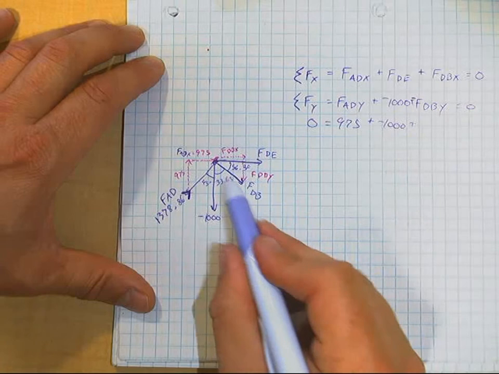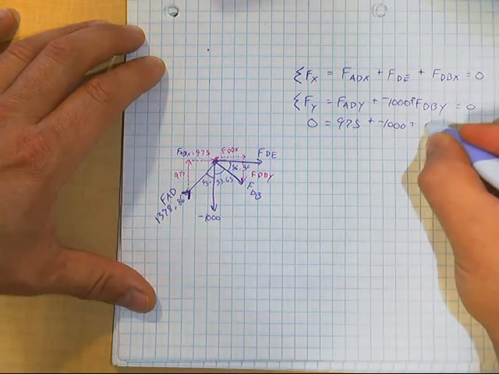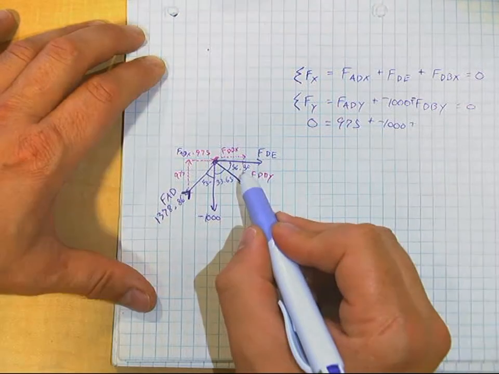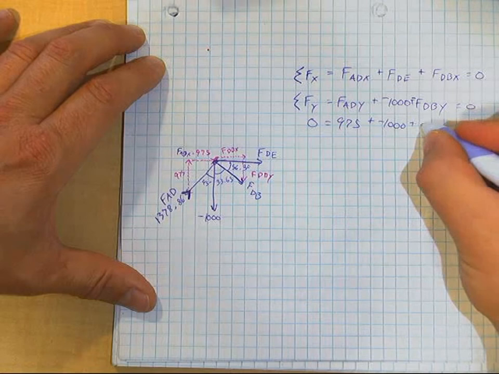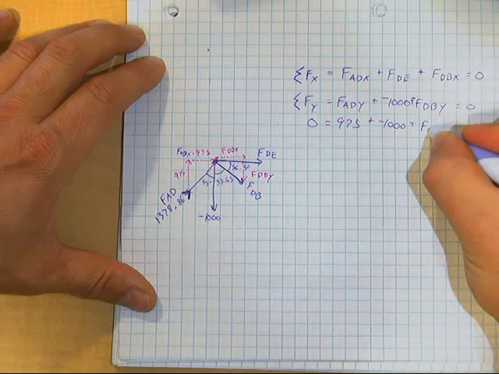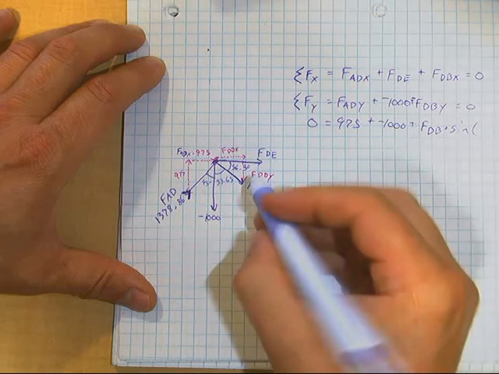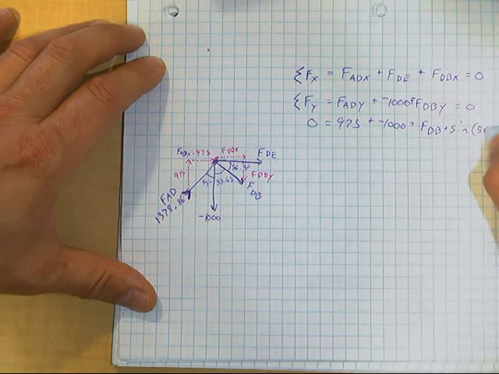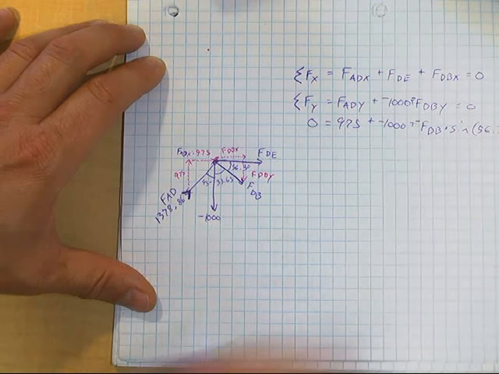And because we're assuming that FDBY is in tension, we're going to call that FDB times the sine of theta, which in this case is 56.3 degrees. Just remember sine is opposite over hypotenuse. And that's going to be negative.